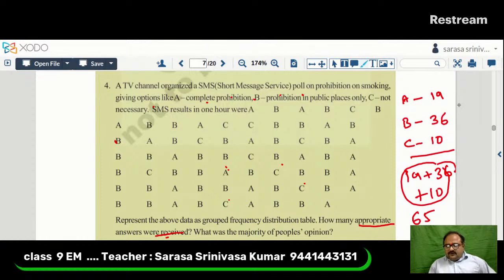Next, what was the majority of the people's opinion? The majority opinion is option B. What is option B? It is prohibition in public places only.